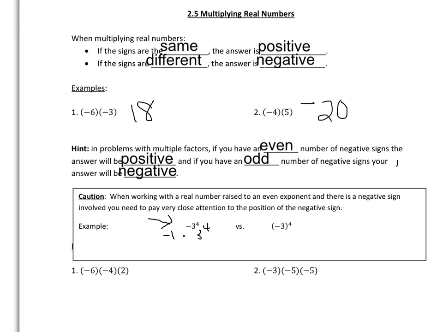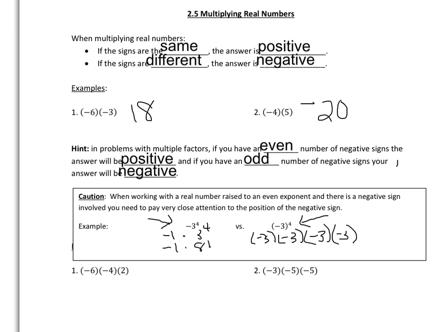Whereas over here, if you notice on the right hand side, we have -3 to the 4th, because the negative sign is inside the parentheses. So this is like -3 times itself 4 times. All right. So the first one would be like -1 times 81, since 3 to the 4th is 81.